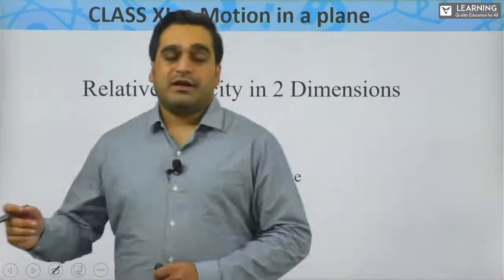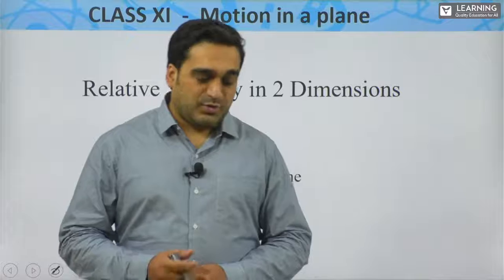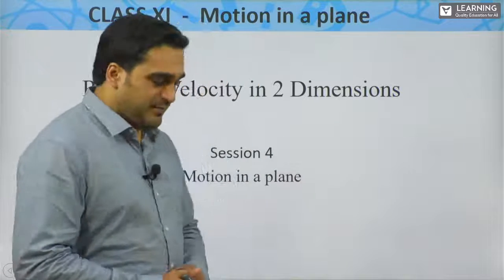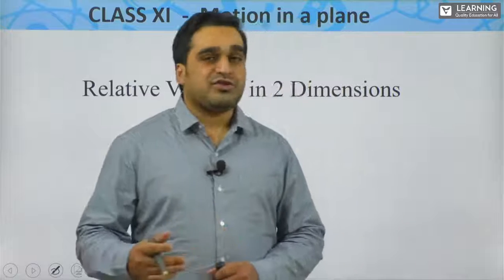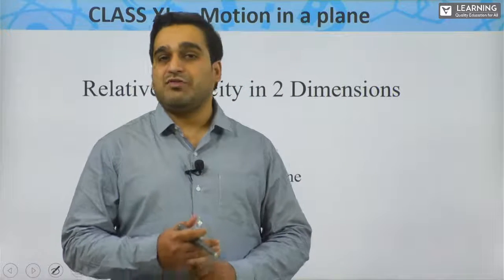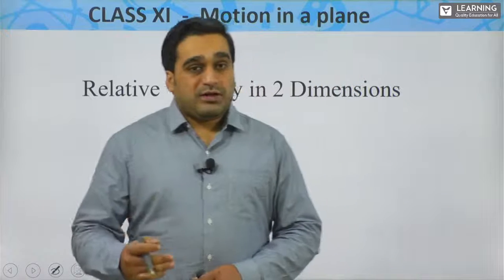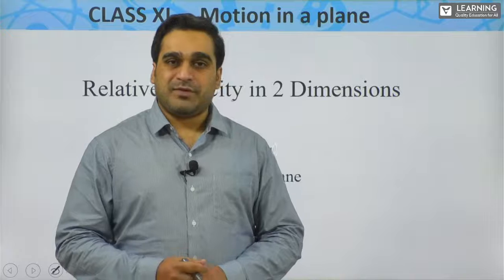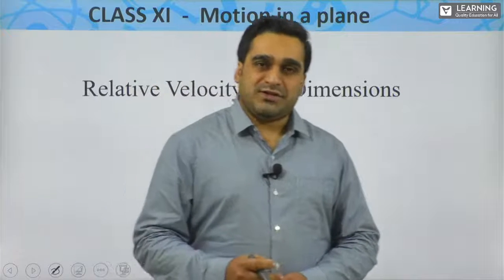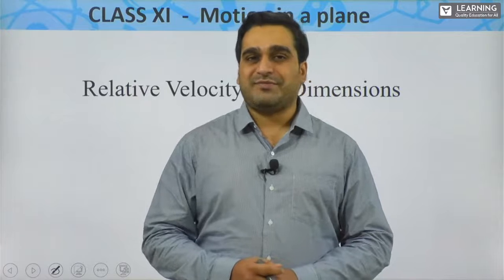So earlier in the previous session, we discussed concepts related to acceleration, and also how to make note of the equation of motion for an object moving in a plane. We worked on a problem based on it, but this time we will discuss concepts related to relative velocity.